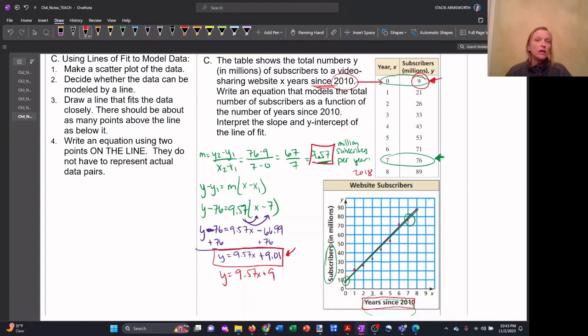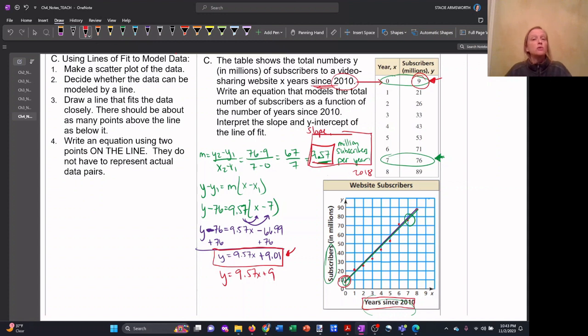To answer the question, interpret the slope, we've actually already interpreted the slope. We said that 9.57 is how many million subscribers we add each year. So this is the meaning of the slope. What's the meaning of the y-intercept? The y-intercept was how many subscribers we had at year 0.